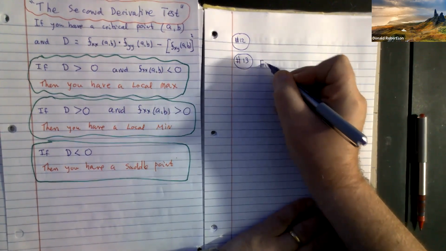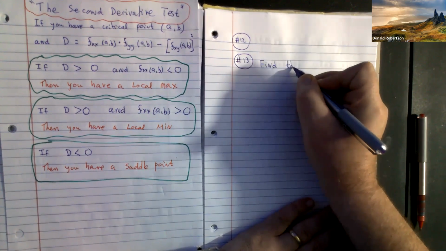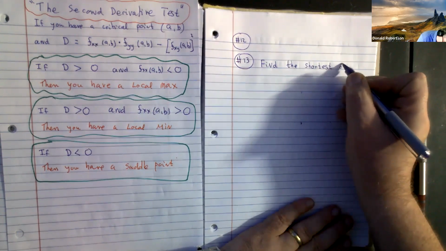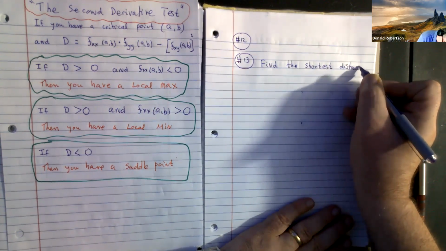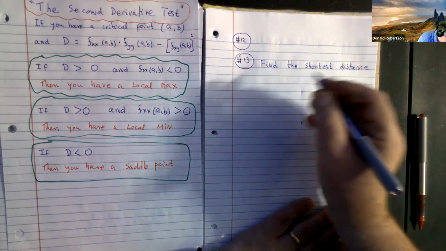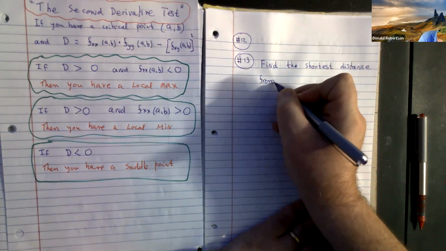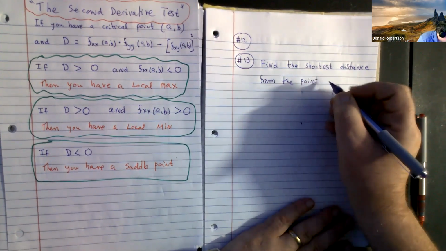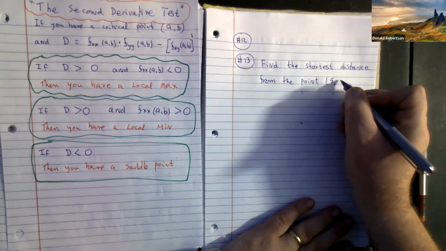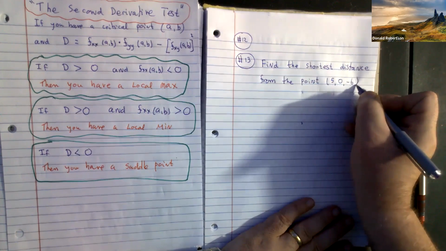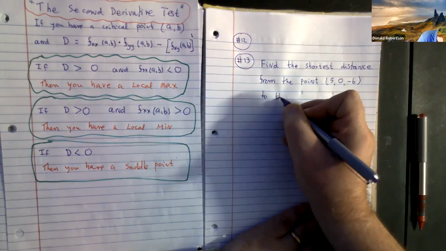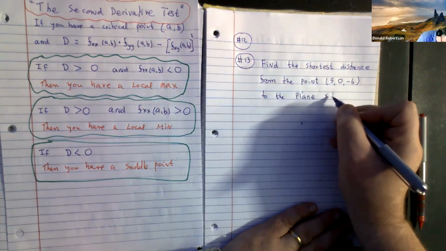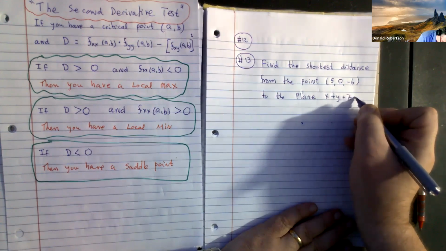And it says, find the shortest distance from the point (5, 0, -6) to the plane x plus y plus z equals 6.